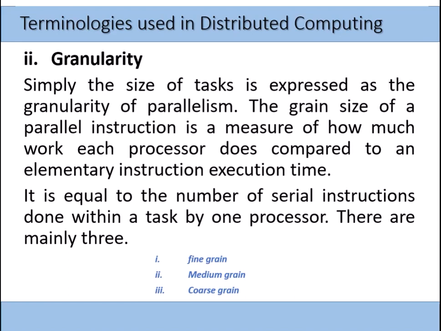The number of tasks can be different, and then what should be the size and execution time of the particular minor task assigned to some processor. So there are different granularity measurements taken: fine grain, medium grain, and coarse grain.